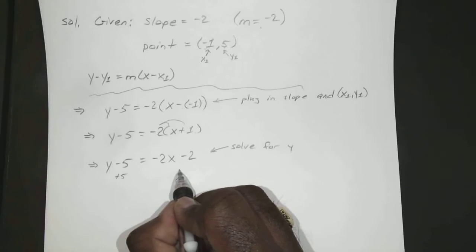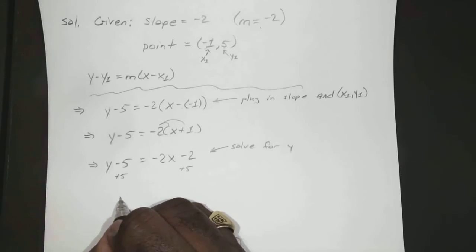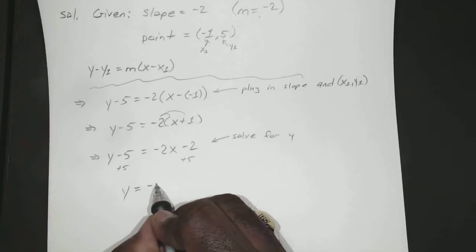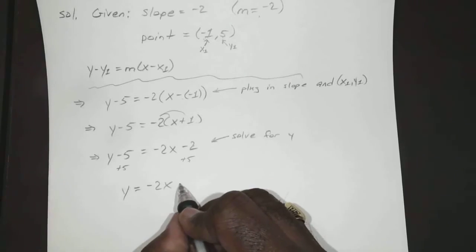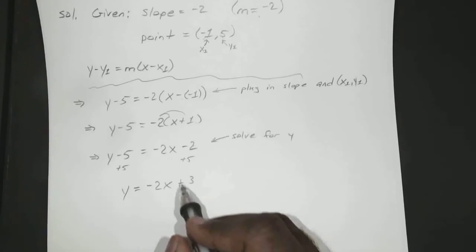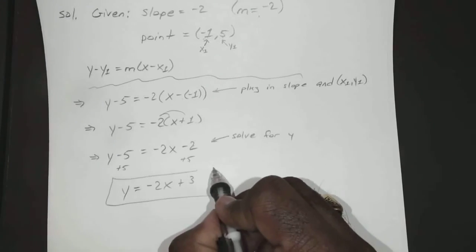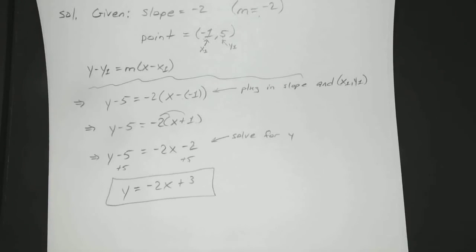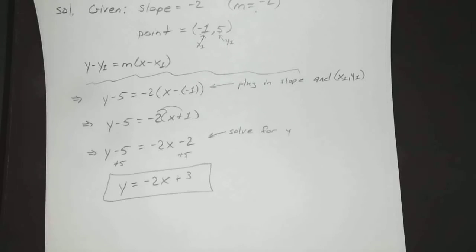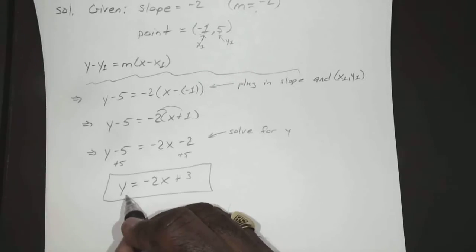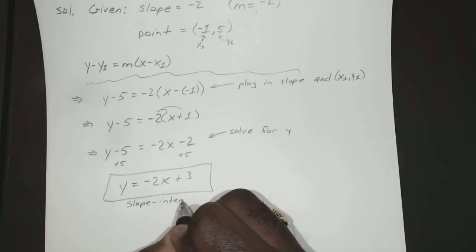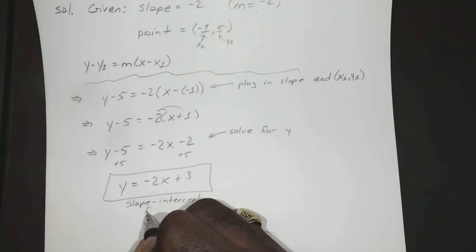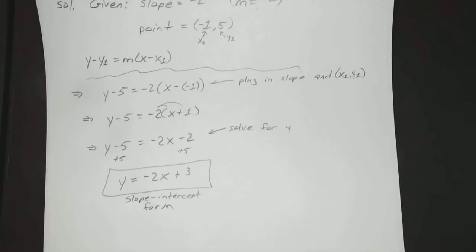So if we add 5 to both sides here, we have y equals -2x, and -2 plus 5 is +3. Okay, so we were able to come up with our equation just knowing our slope and one of our points. So we solved for y here, so this is our slope-intercept form.